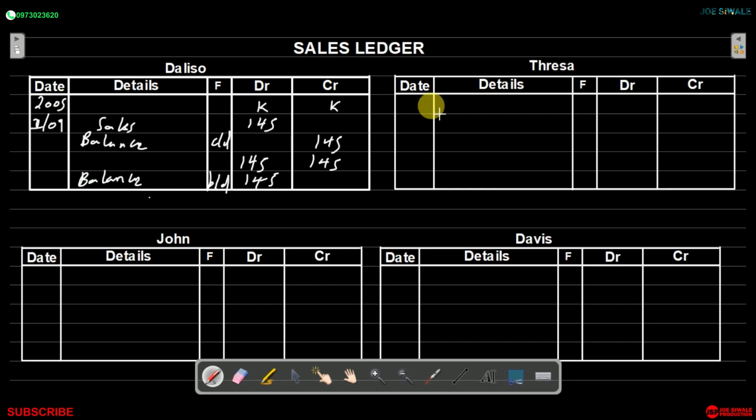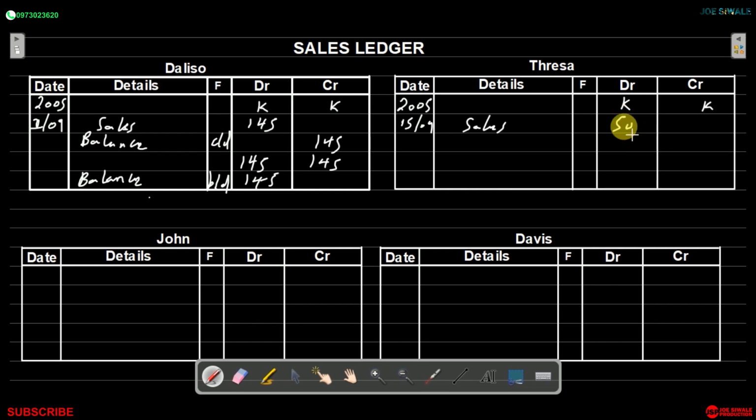So we're going to put up our year there, which is 2005. Put our K there, and that occurred on the 15th of September. So we are going to say sales, and that amounted to 50 kwacha.